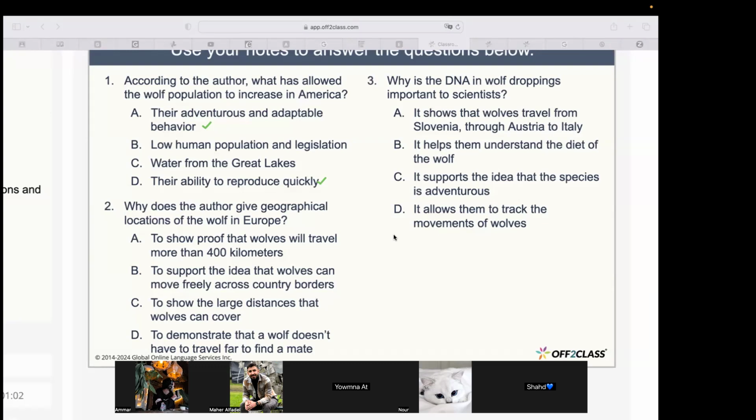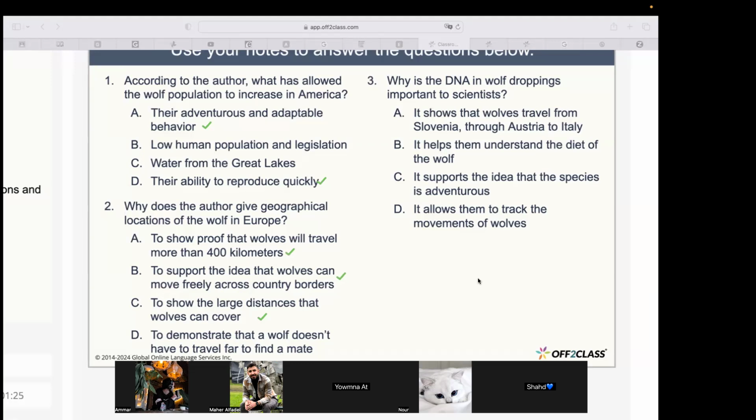A and C. How many can we choose? As many as you want. You can choose as many as you want if you find that as suitable. I think A and C.